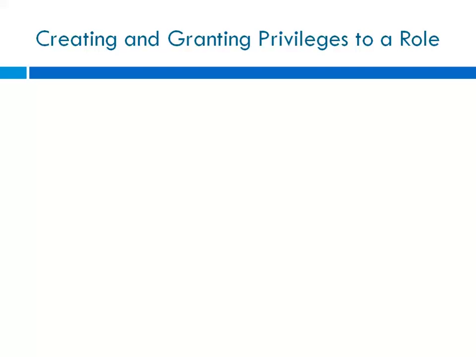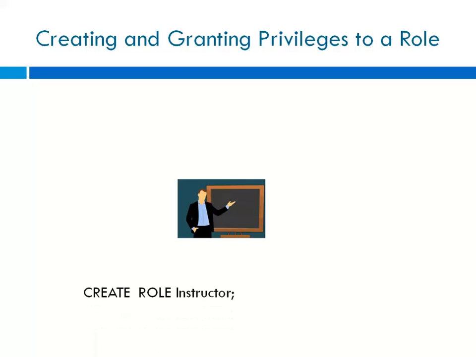Now creating and granting privileges to the role is shown with an example. First thing we will do is create a role. So with create role instructor, a role named instructor is created.